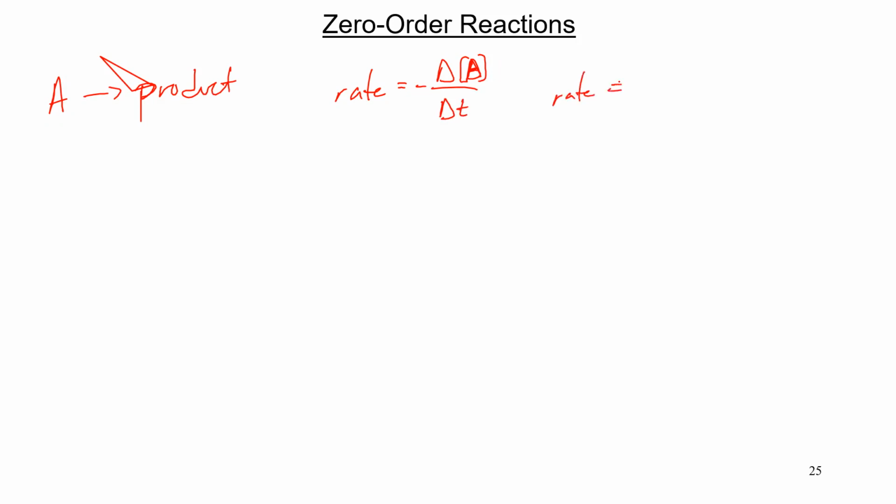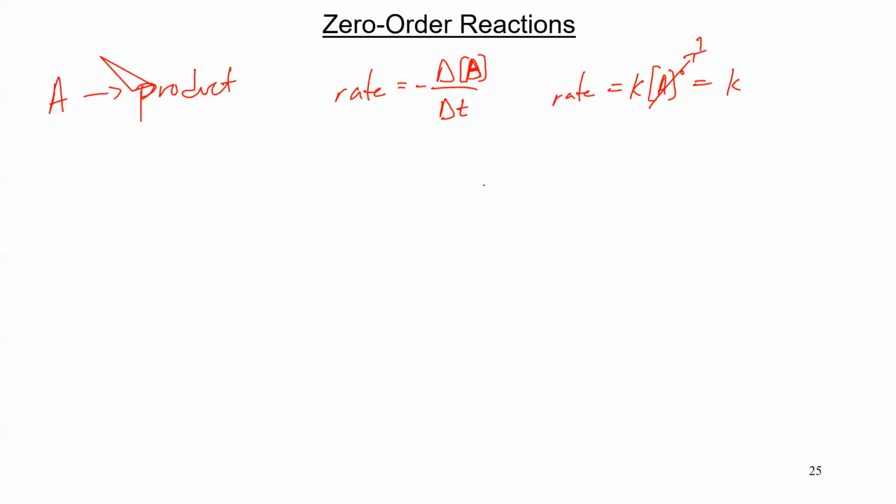But the rate law here is a bit different. Because it's zero order, it's k times A to the 0th power. Anything to the 0th power is just 1. And so we just end up with the rate is equal to k. So it's a little unusual. We haven't seen that yet, but that's what happens when we have a 0th order reaction.